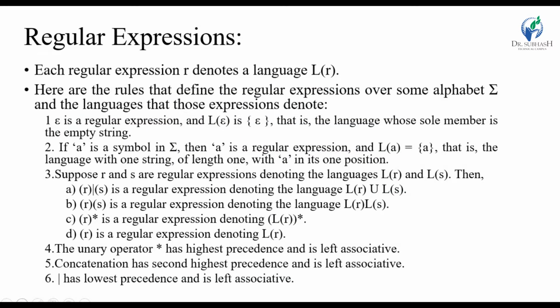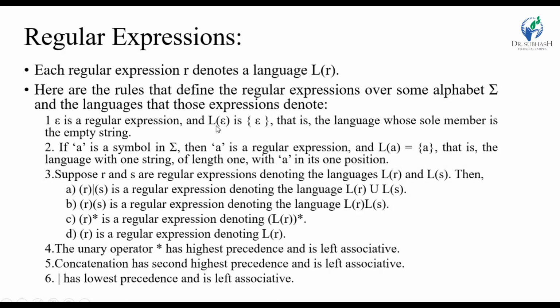Next is regular expression. Each regular expression R denotes the language L of R. Here are some rules that define the regular expression over some alphabet sigma, which is used for input symbols, and the languages that those expressions denote. Epsilon is a regular expression.